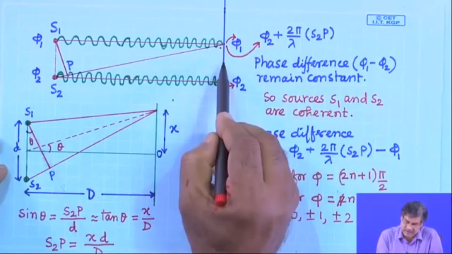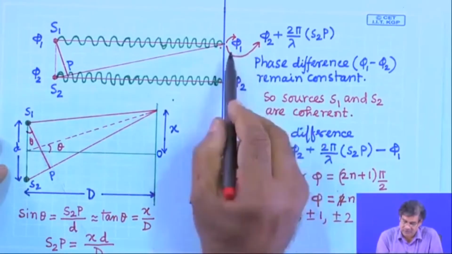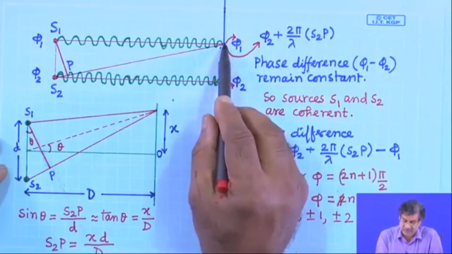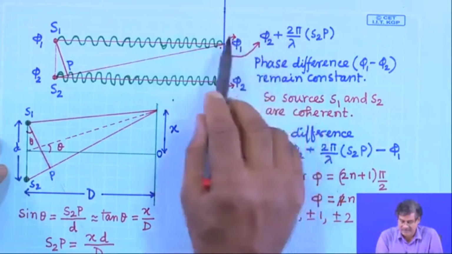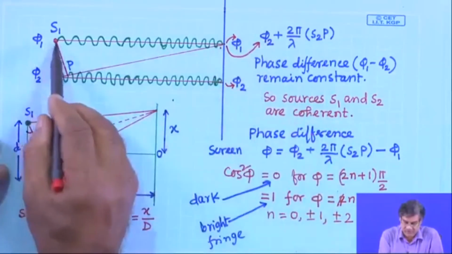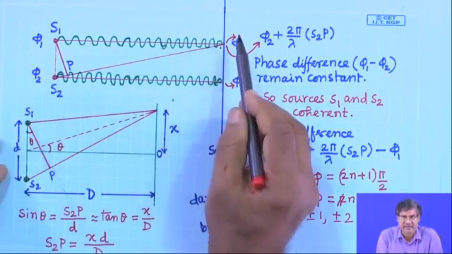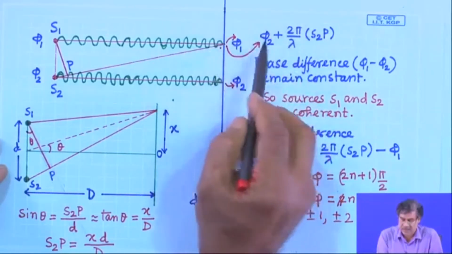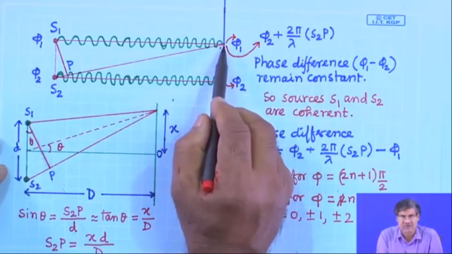If you consider different points of superposition, this phase difference will be different, but at each point all the time the phase difference remains constant. Although the phase differences are different compared to here, at another place the phase difference will be independent of time, it will remain constant.